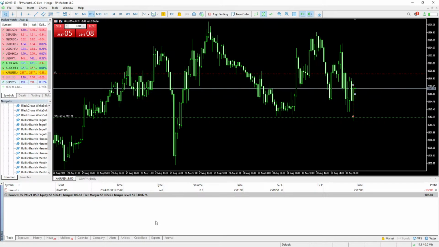Just input the lot size which you want to close. Like suppose you have 0.1 lot and you have to close 50%, then just type in 0.05 and click on close. So that will close 50% of your trade from your terminal.